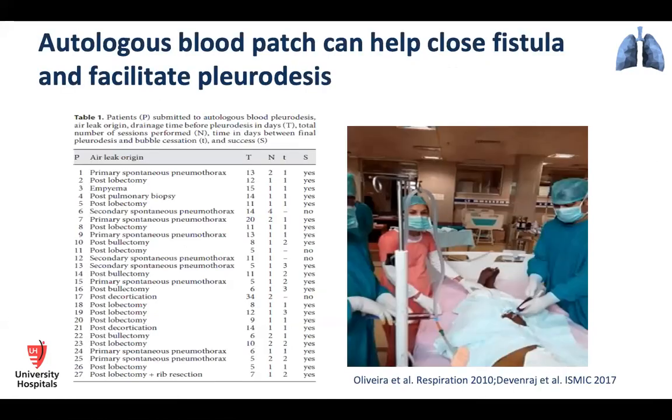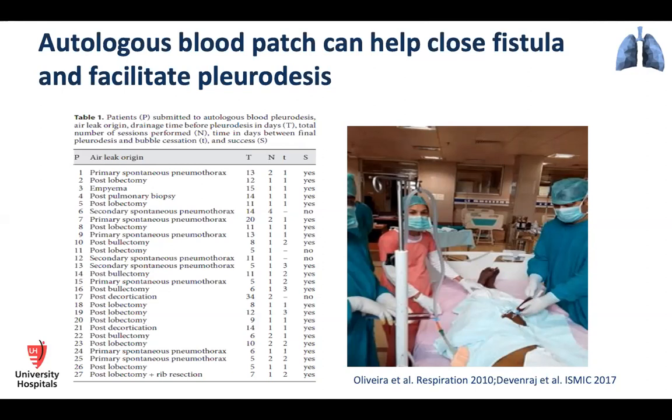Now, another thing that you can do is blood patch pleurodesis, where you actually use the patient's own blood and autologously transmit it into the chest tube in a sterile way. Again, for this to work, the lung has to be up, meaning you cannot have lung deflation on water seal.